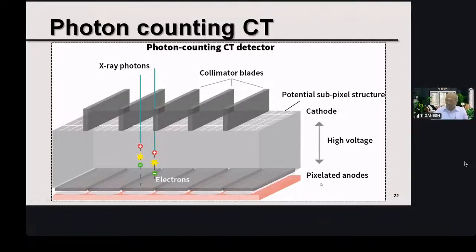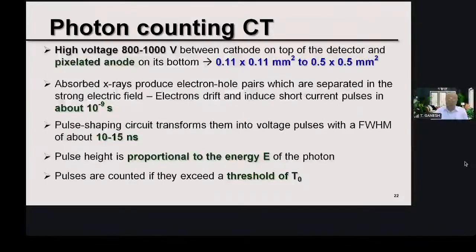But the anodes are pixelated, meaning they are not continuous like the cathode. That is one pixel, this is another pixel, this is another pixel. These anodes are very small in size, and they help to produce the best possible resolution. So that's the pixelated anode.